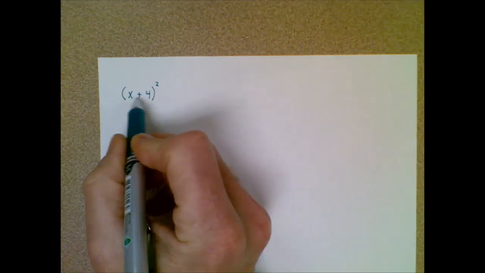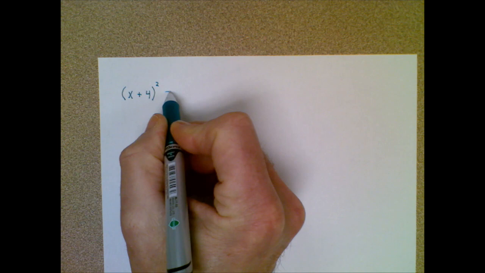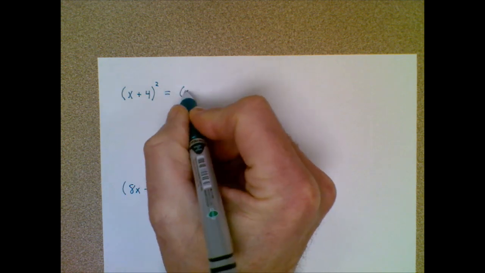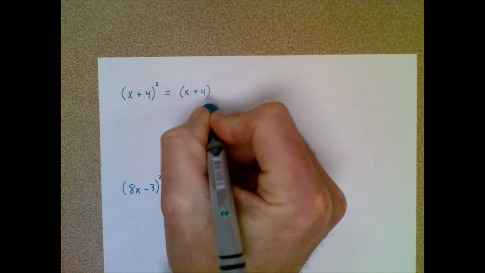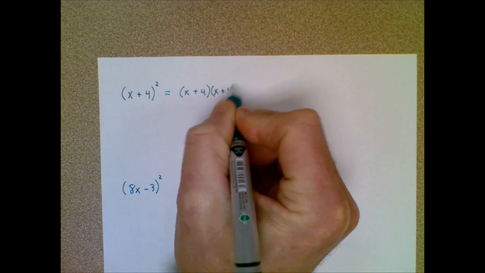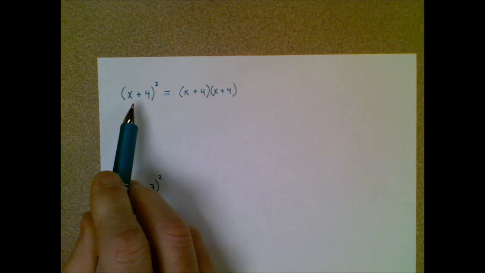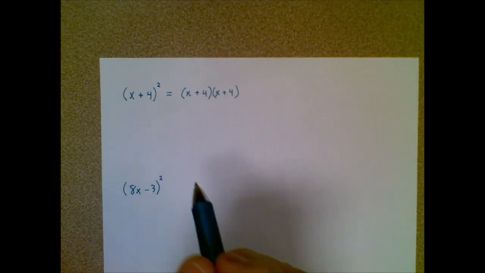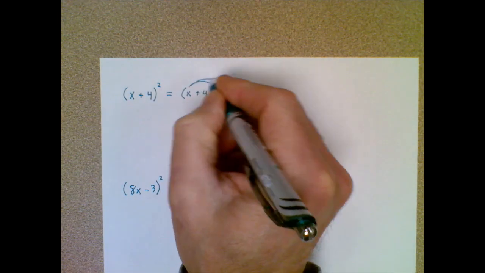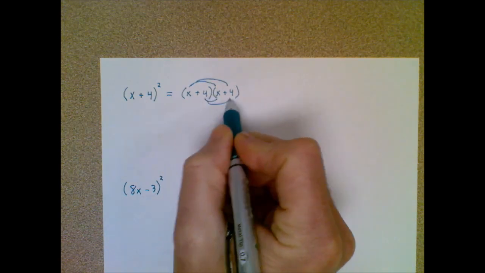That means if I'm asked to have x plus 4 squared, the very first thing I should do is write x plus 4 times x plus 4, because when something is squared, it means it's multiplied by itself. As soon as I make that move, now it's the same old multiplication we've been doing through many problems.